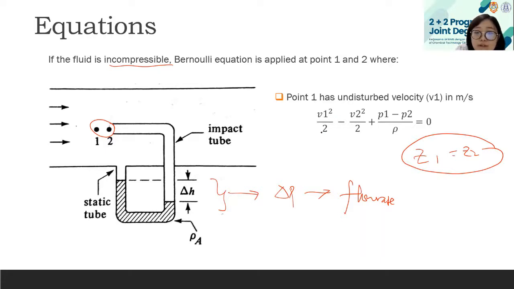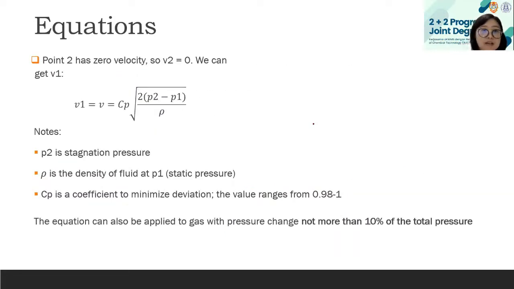What we have left is only velocity 1 and velocity 2 as well as the delta P over density. After some rearrangement of the Bernoulli equation, I can get this equation.